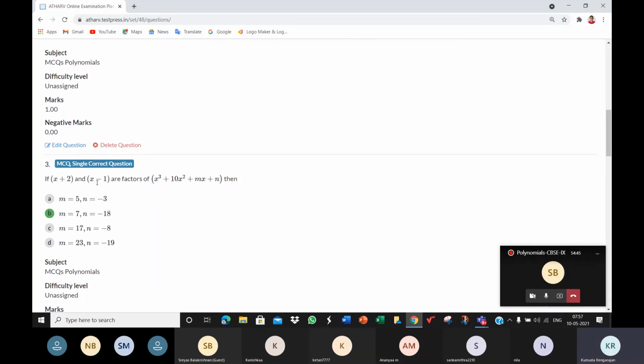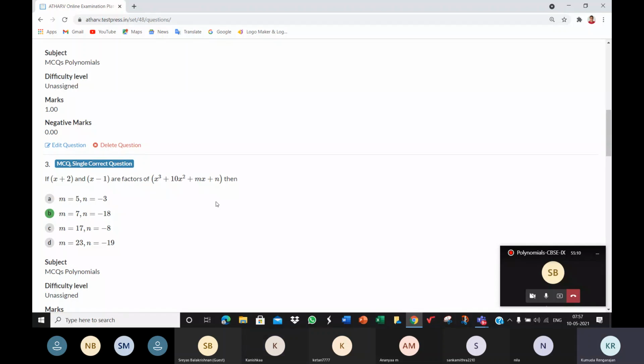This also you need to solve. Supposing I call this polynomial p of x. What is p of minus 2, children? What is p of minus 2? P of minus 2 is equal to?